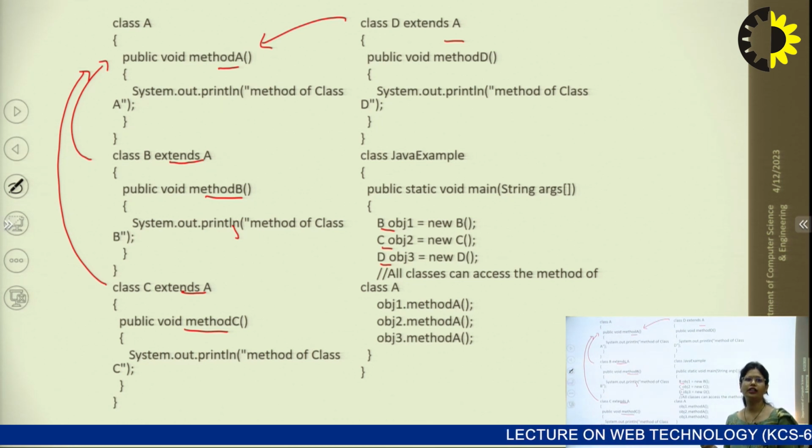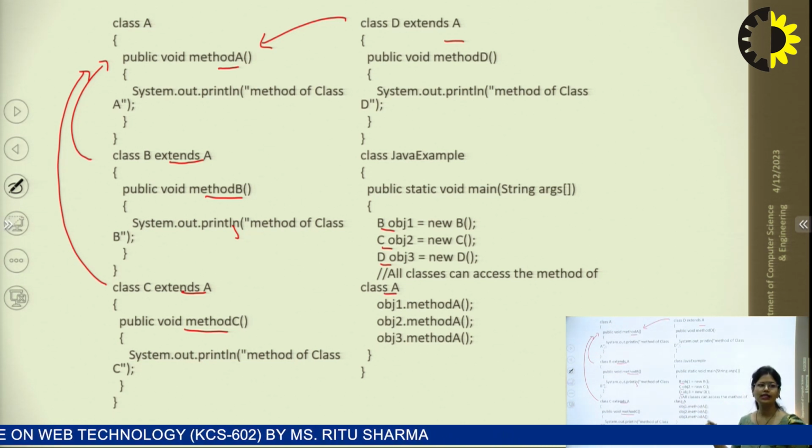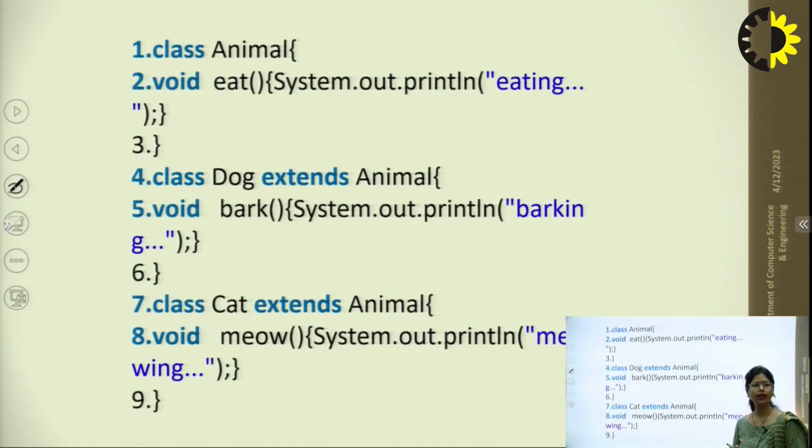All classes can access the methods of A, correct? Class B, class C and class D can access all the methods in class A, and we can call them using the object name dot the method name. Now let's see the example of what I have done here.